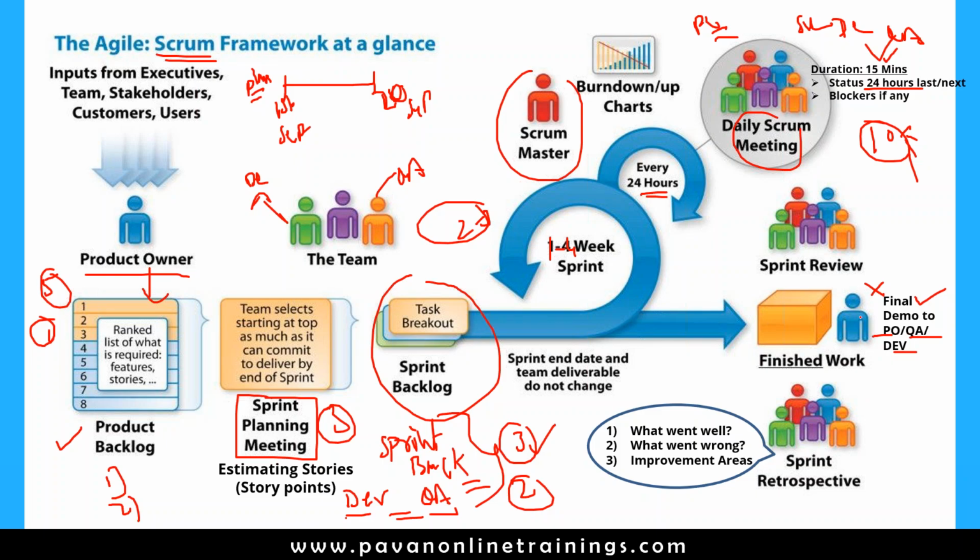Then the sprint is completed. Once the sprint is completed, at the end, we need to conduct a sprint retrospective meeting. This is the last meeting we conduct after completion of the sprint.